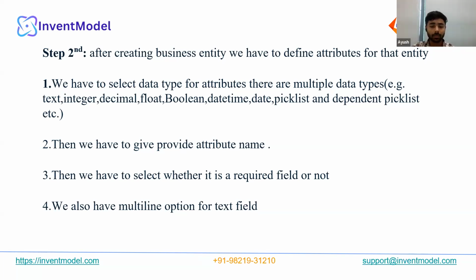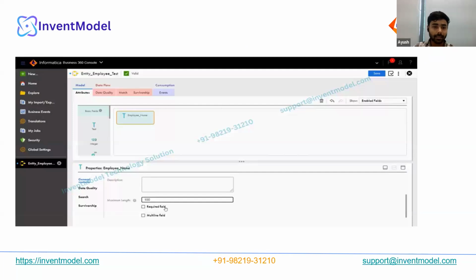So that is basically the use of the required field. The next one is the multi-line option. If our text field has multiple lines of data, we can select this multi-line option. This is the practical representation of that required field, and from here we have to do this.